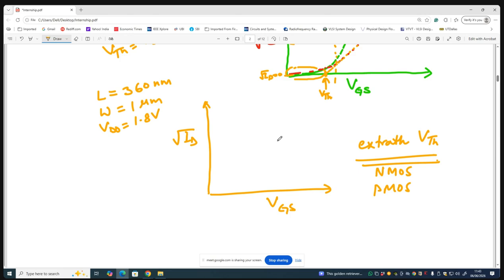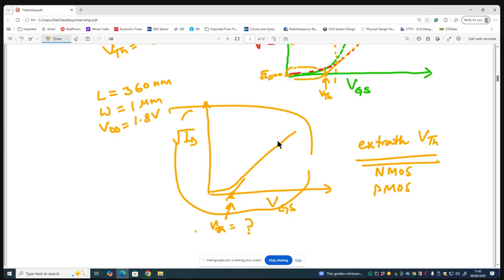You can label that screenshot itself, so when you have plotted it like this, you can label this point itself with the value, VTH equal to whatever value you are getting. So you just post one screenshot. I will create an assignment and you just post your screenshot of the simulation result that you are getting.